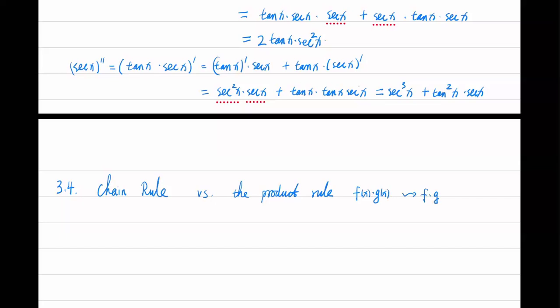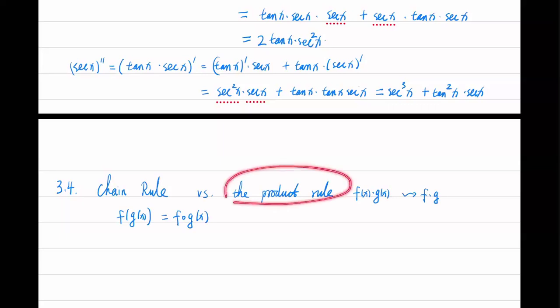But the chain rule is about the composition, so we use this notation, compose. Okay, so there is a difference in the objects of these two rules.